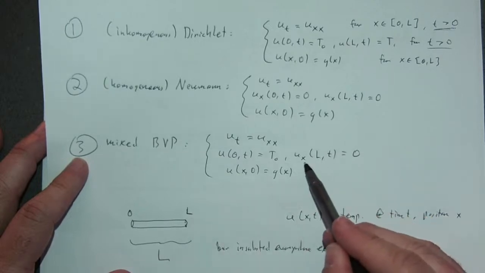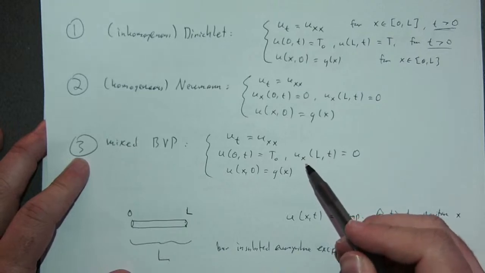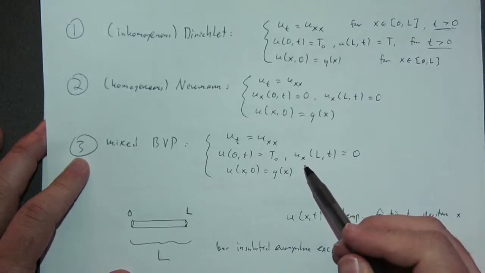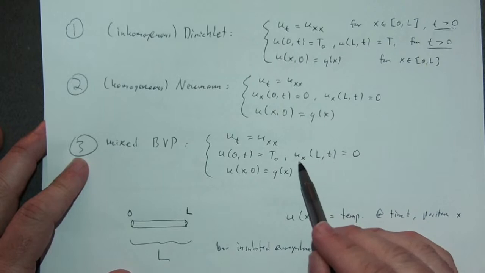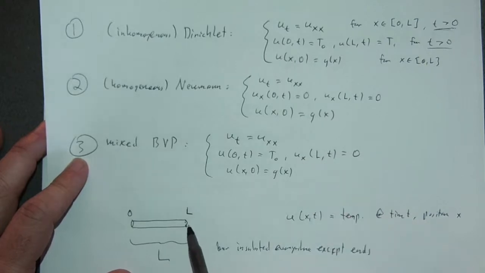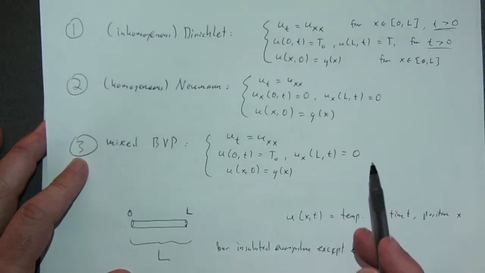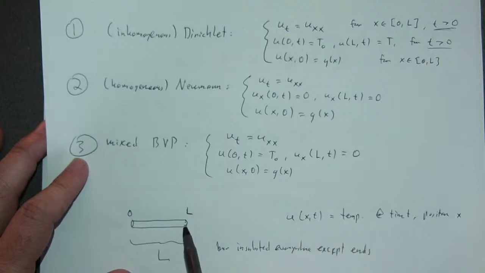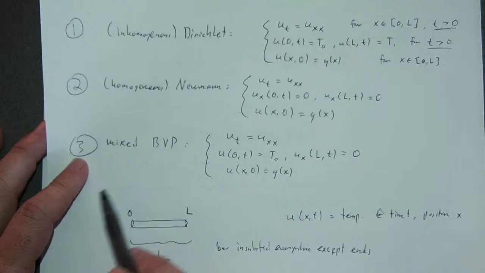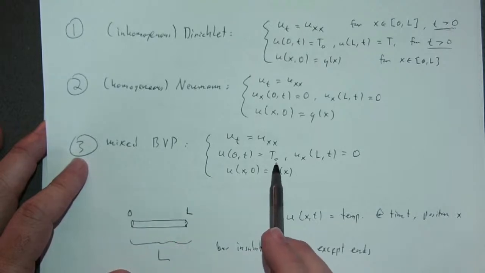There's no heat that escapes, because this x partial at the L end is 0. So no heat escapes this end, and this end is attached to a universe having constant temperature T naught.